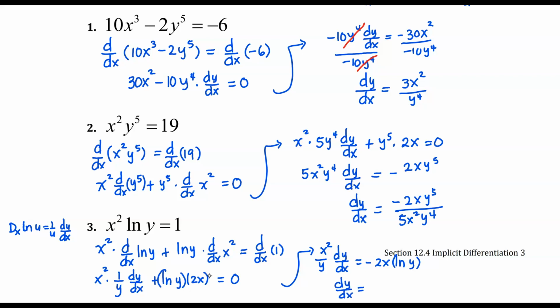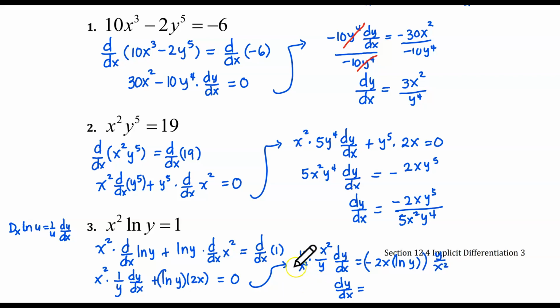dx can be computed by multiplying both sides of the equation by the reciprocal of the expression here. So you multiply this by y over x squared, and then you do the same thing on the other side of the equation.